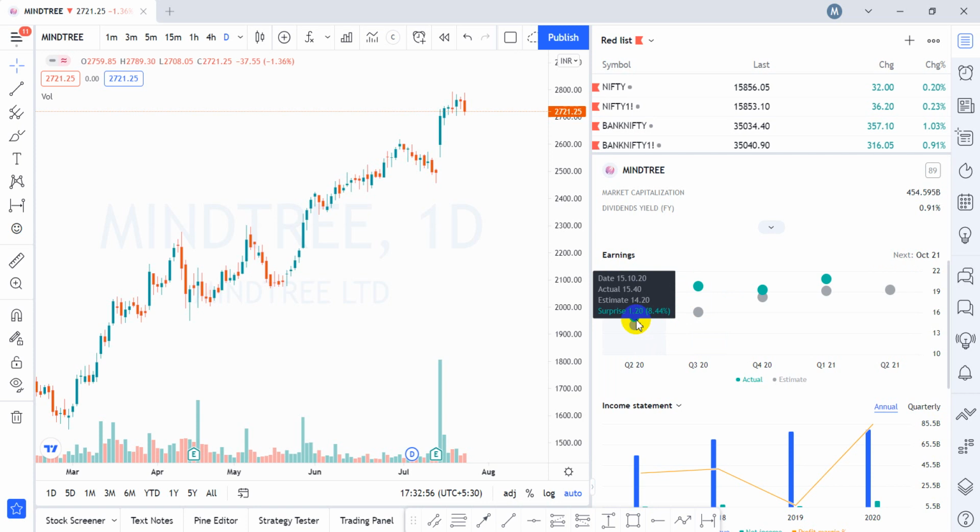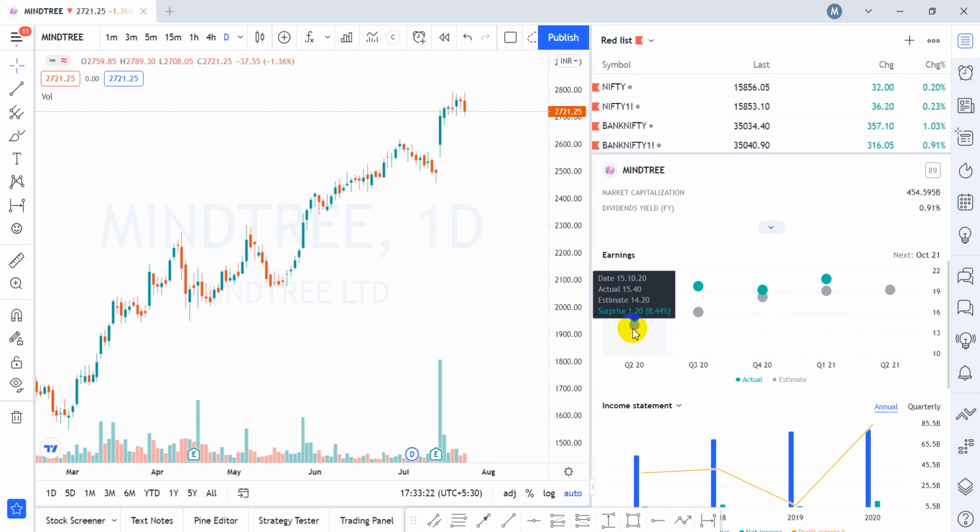The actual performance was 8.44% better than the street estimates. Here it's 23%, here it's 5.84%, and here it's 9.13%. So this particular stock in the last 1 year is exhibiting excellent results which are better than the industry's estimates. This is one of the good signs for us.